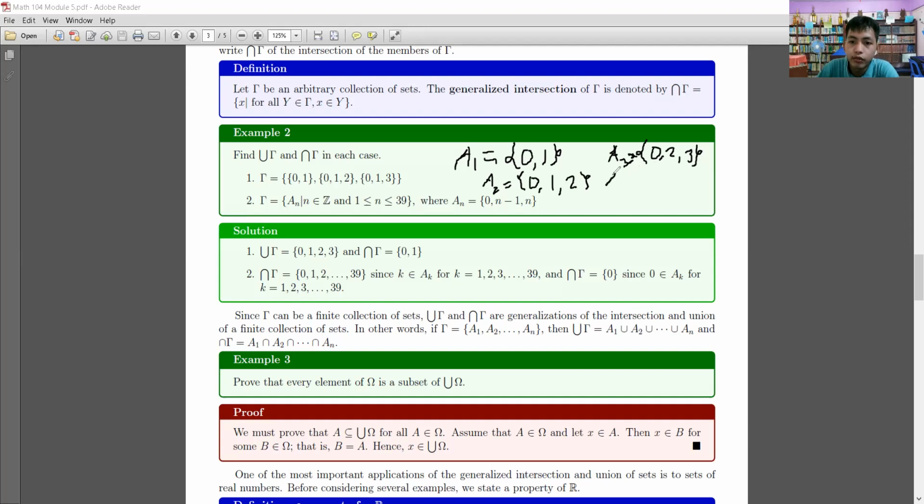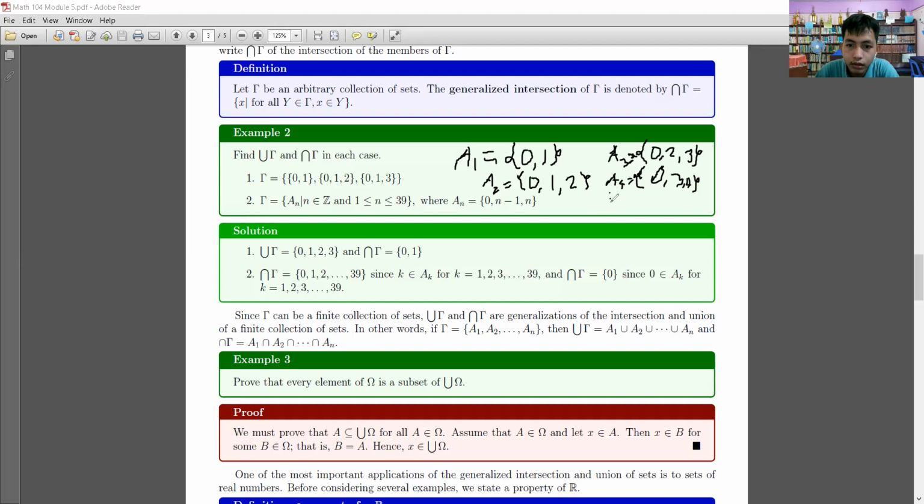Si A sub 4, we have 0, 3, and 4, up to 39.